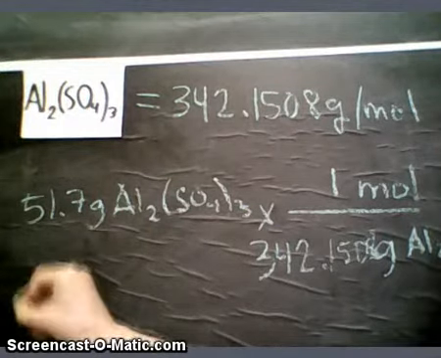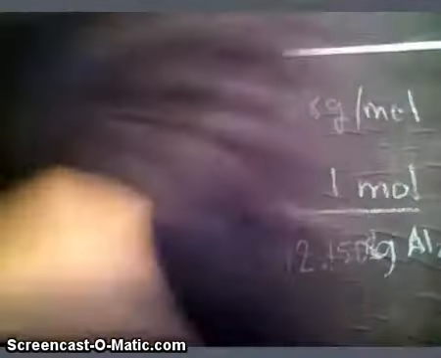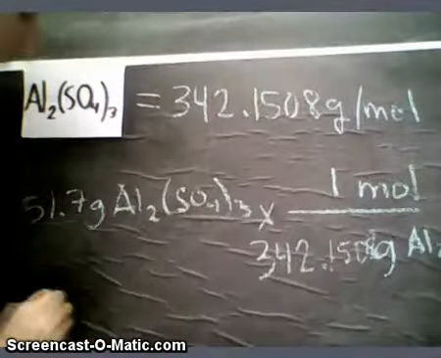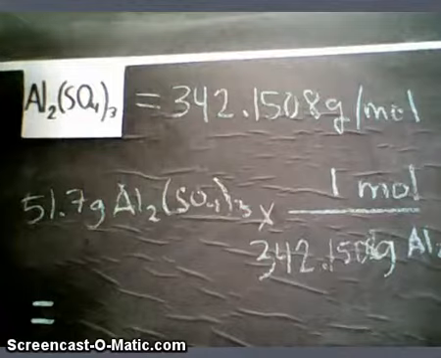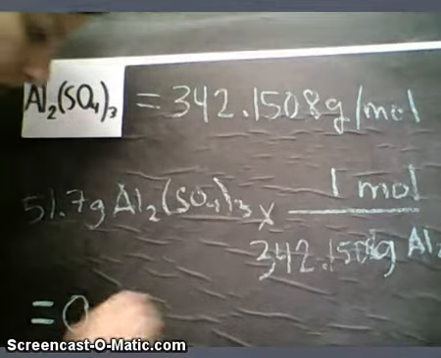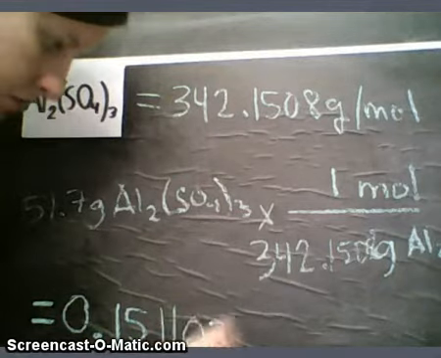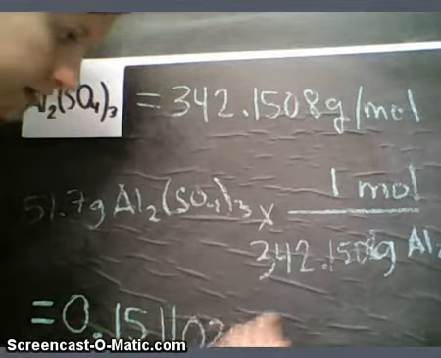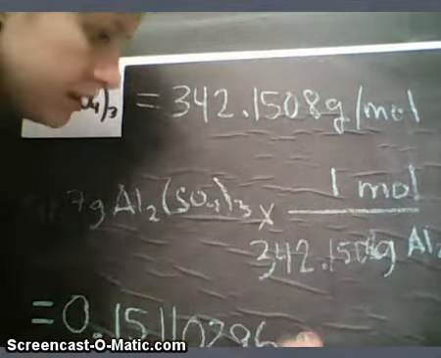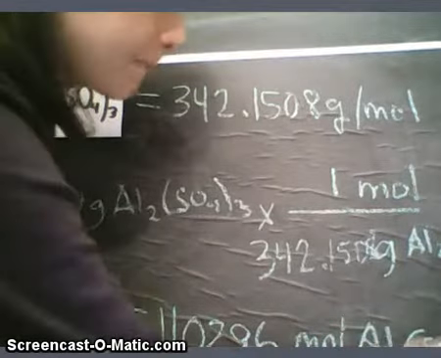So the answer is 0.15110296, and the answer will be moles of aluminum sulfate.